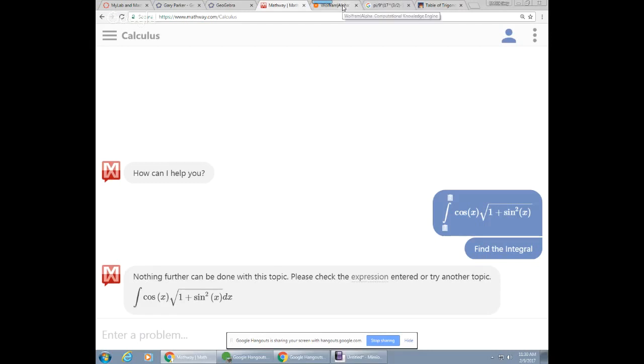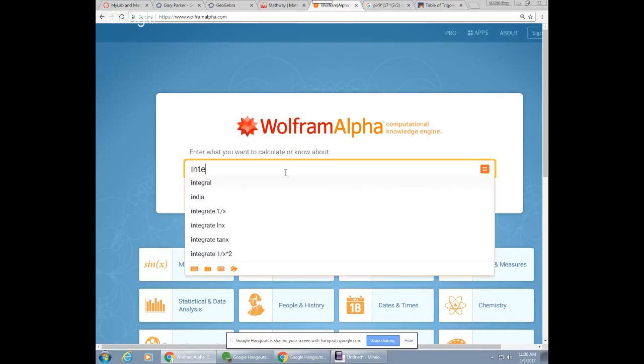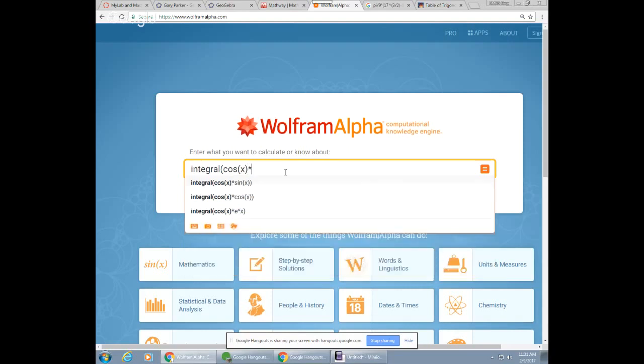I'm going to go to Wolfram Alpha, see if it can help. So I got to type the same thing here. Now, Wolfram Alpha, I have to type the word integral, and it's kind of like typing in GeoGebra. So then I would type, let's see, cosine of x. Sometimes I'm careful about typing times. What's next?